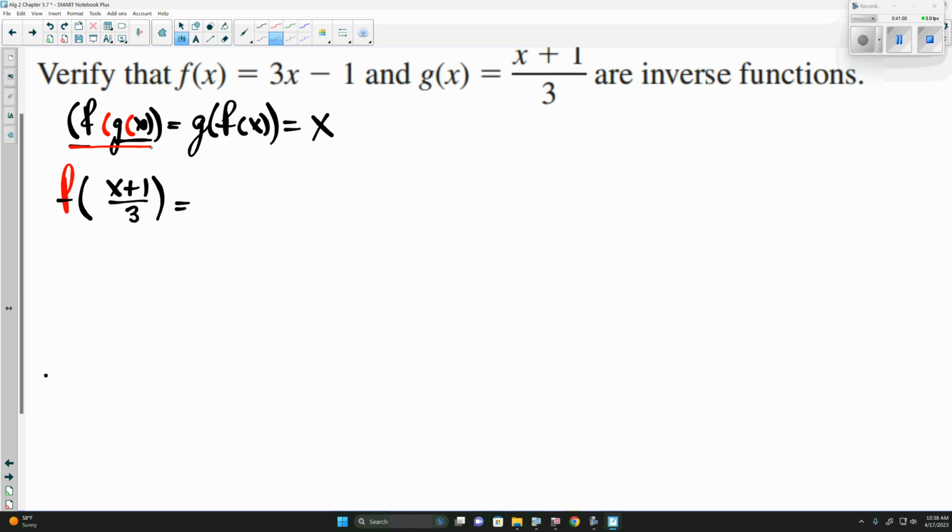And at this point here, we're going to plug this into every x in f of x. So I'm going to replace, so 3 times x, well, we're replacing the x with x plus 1 over 3. Any questions on this so far?